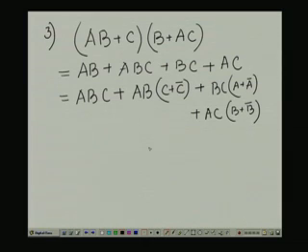So, I introduced c in such a way that c plus c bar is 1. Similarly, a plus a bar is 1, b plus b bar is 1. So, when a was not there, then b c into (a plus a bar), similarly a c into (b plus b bar). So, that I have introduced.